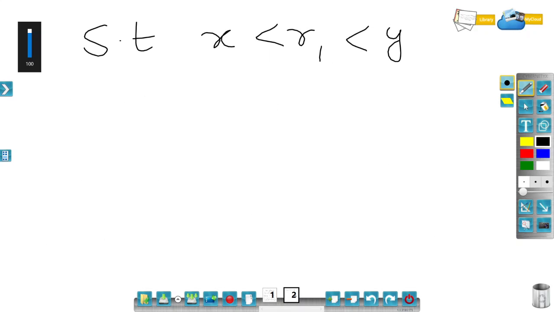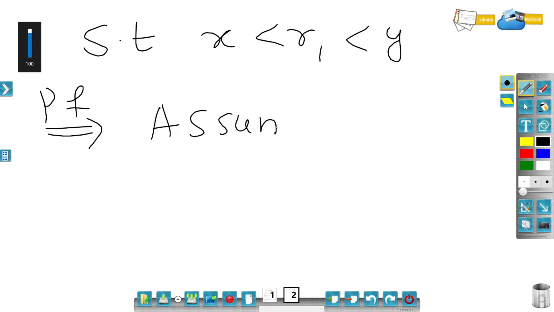To prove this result, we will be using an Archimedean property. So let's prove this. There are some assumptions which I'll assume to prove this. So I'll assume that x is strictly greater than 0.